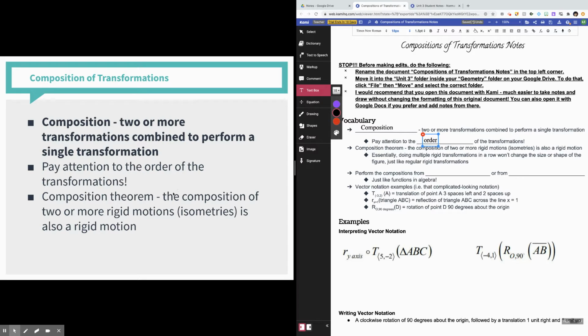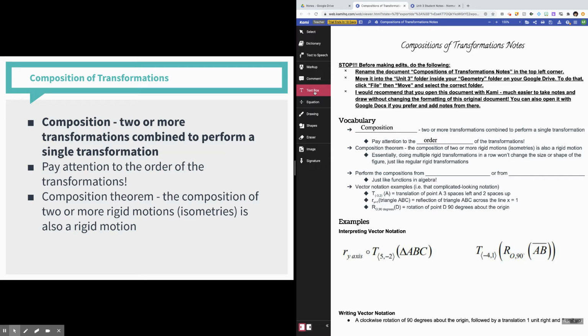Okay, then we have this fancy thing called the composition theorem, which basically just says that if you do two or more transformations in a row on a figure, then that figure will still be the exact same size and the exact same shape. The exact theorem is that the composition of two or more rigid motions, so two or more reflections, translations, or rotations, is also in itself a rigid motion.